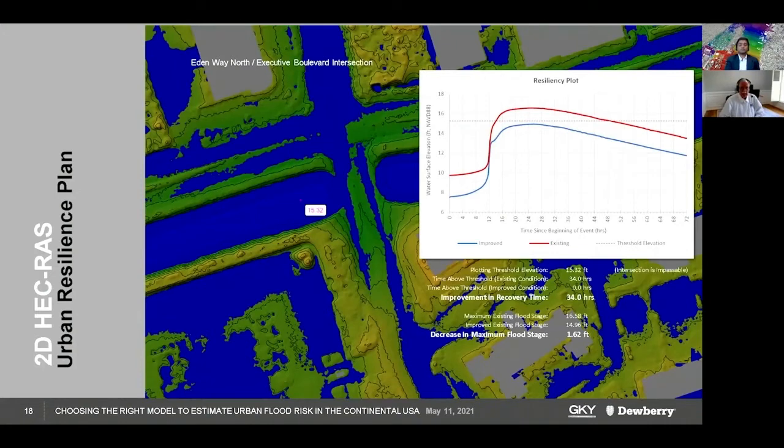And you can see that we dropped the recovery time. In fact, there is no recovery time because the intersection stays open, but it reduces the recovery time by 34 hours from Hurricane Matthew. And also that there's a decrease in flood stage of 1.62 feet. So nowhere near as many structures are flooding.